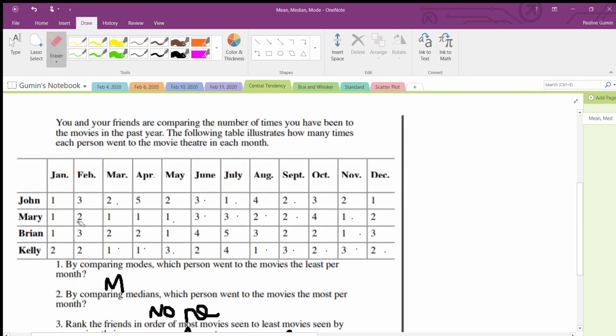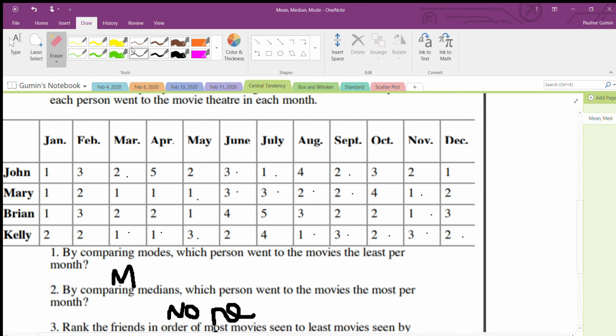I'm going to zoom in. Okie dokie. I want to use a different color. Purple. Alright, January. 1, 2, 3, 5. 5 out of 4. Okay, February. 3 plus 2 is 5. 3 plus 2 is 5.